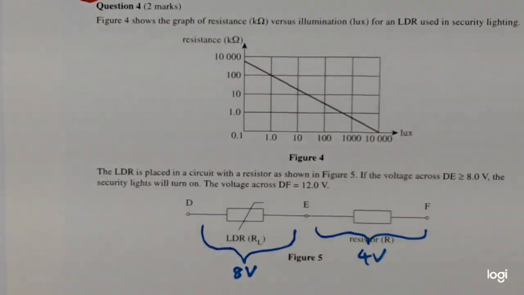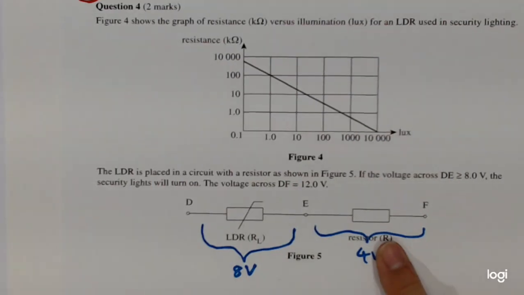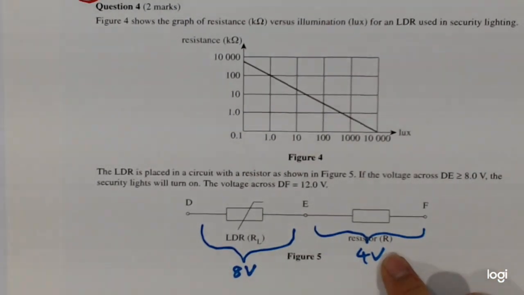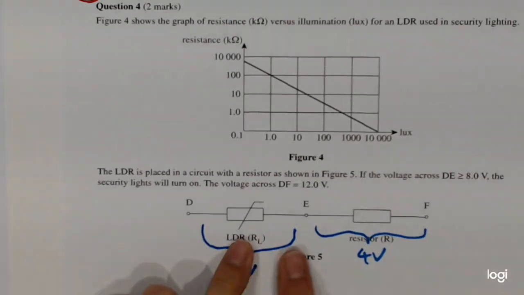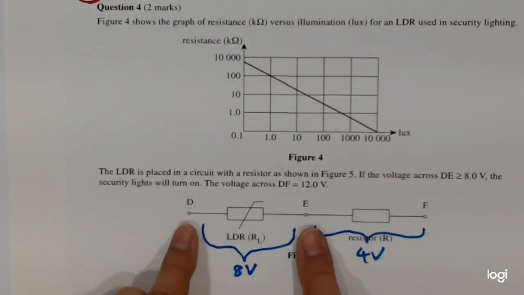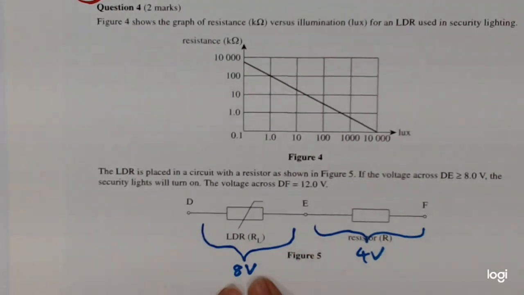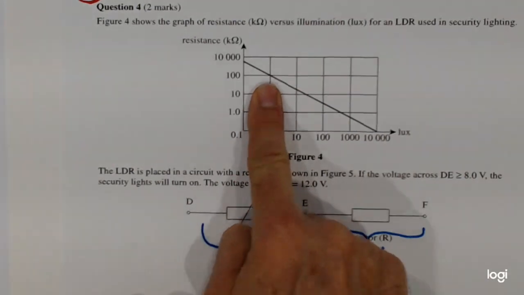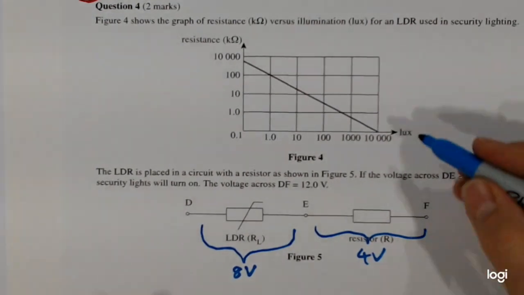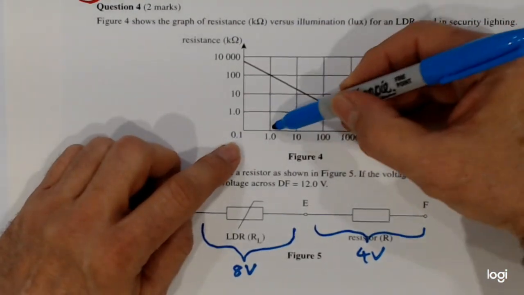Right, it says calculate the value of that resistor, R, so that when the external light goes down to a value of 1 lux, we'll get onto that in a second, the security lights turn on. Right, so what we need is for DE's voltage to be crossing the 8-volt mark at 1 lux. Okay, so let's have a look at this. 1 lux on this, there's 1.